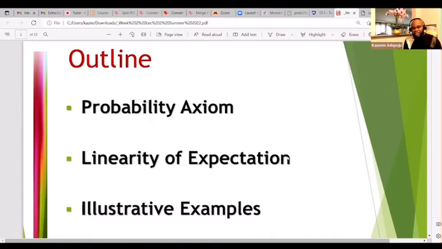If they originally follow different probability distributions, then we can seek the probability distribution of the sum of random variables. But today, the focus is going to be on linearity of expectation, a situation where we are adding expectations together. I'm also going to walk you through some illustrative examples.